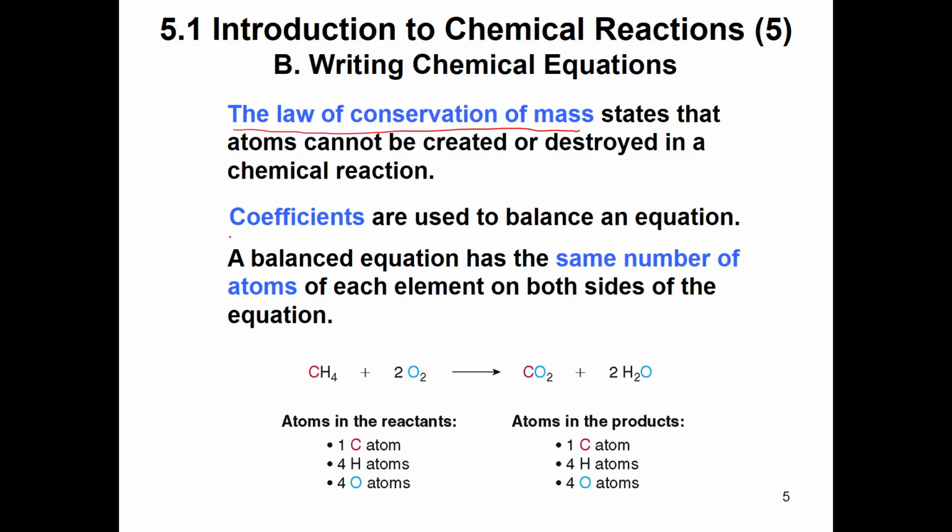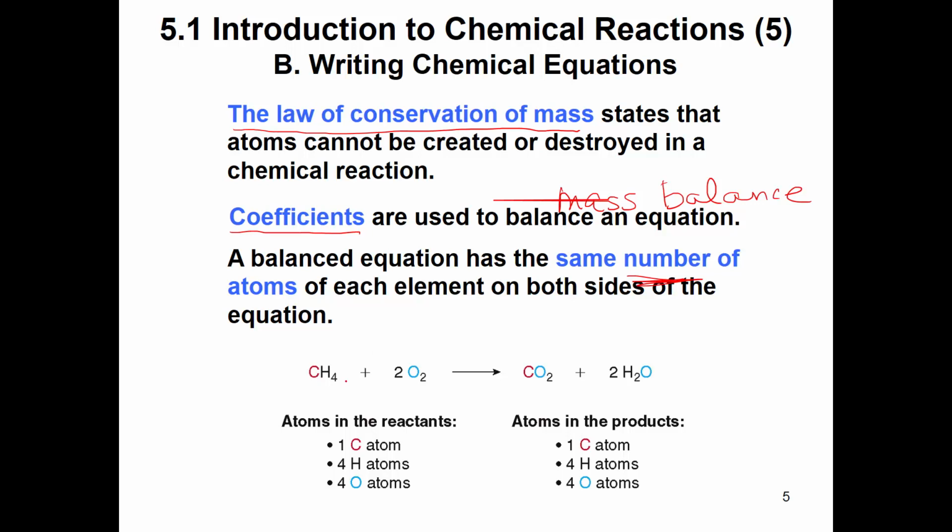The coefficients are what we use to make sure that we balance those, and so sometimes you may see this called a mass balance. A mass balance. So, what happens is you have to have the same number of atoms on the left-hand side as you do on the right-hand side of a chemical equation.